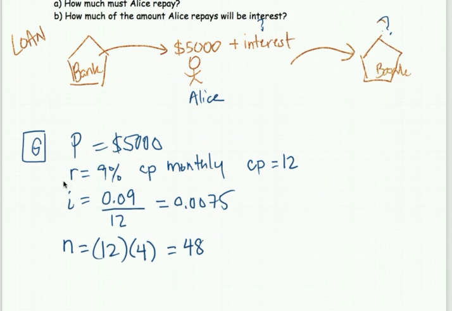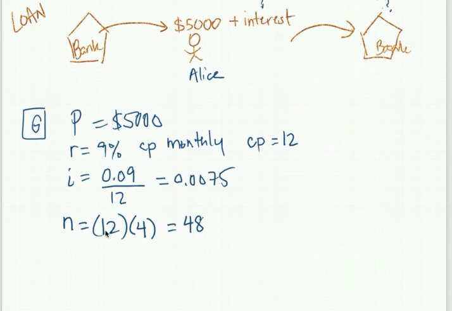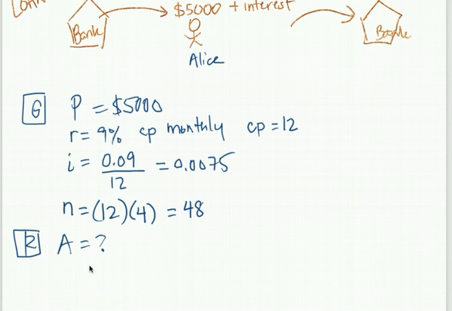So we know it's 5,000. We know the interest every month. We know how many times in the 4 years, 48 times. We are now going to calculate how much she has to give back to the bank at the end, or you can think of it from the bank's perspective. How much does the bank make off of Alice?